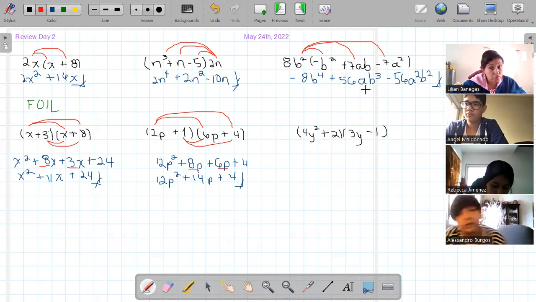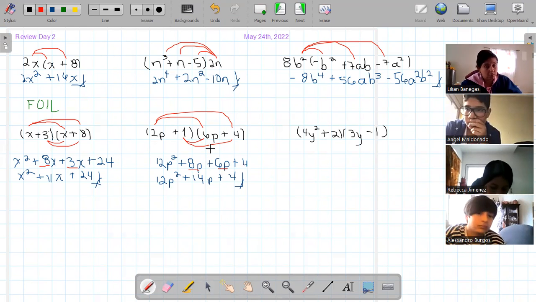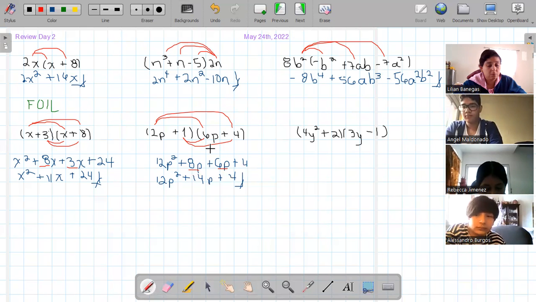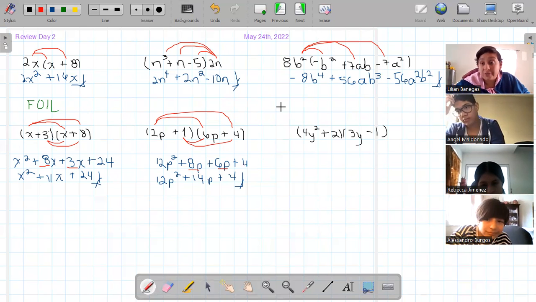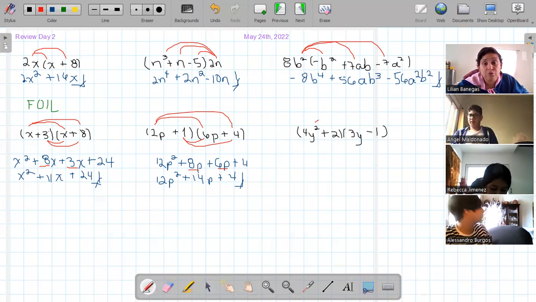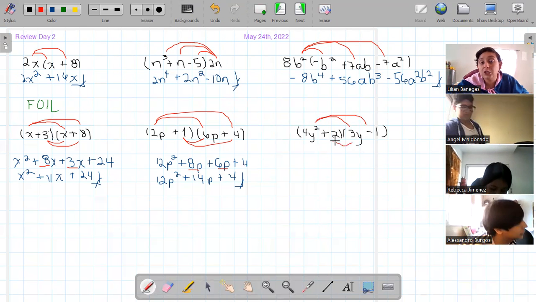Okay. They are not. Why not? Because they have different exponents. And I just told you, if the variables have different exponents, the middle terms are not going to be like terms. And let's prove it.